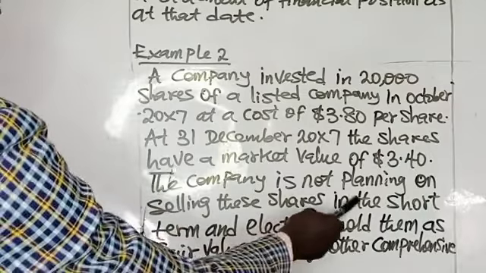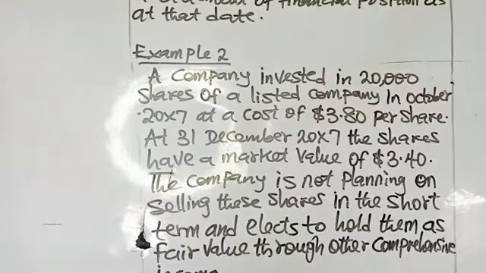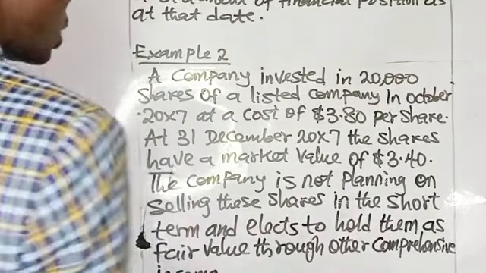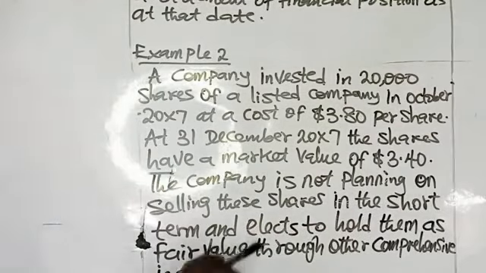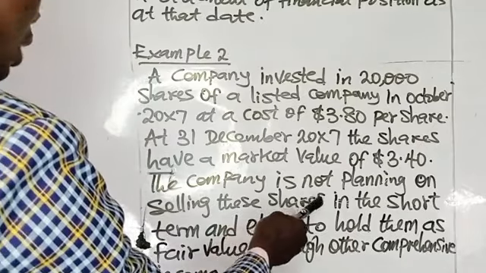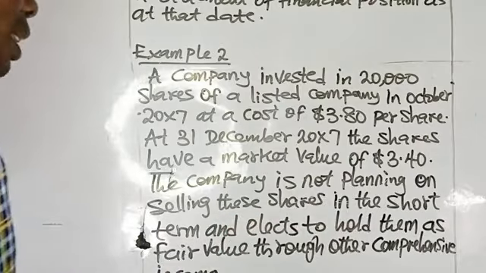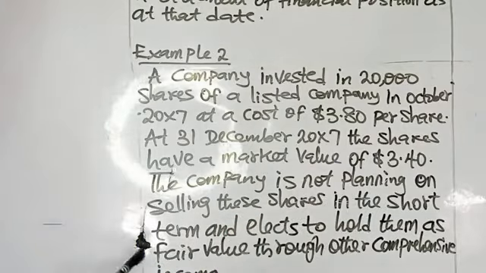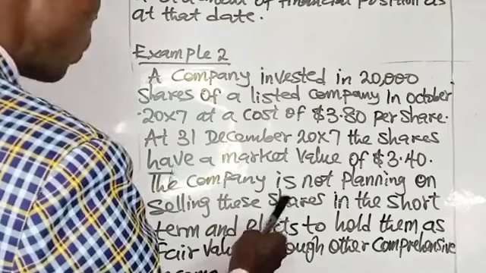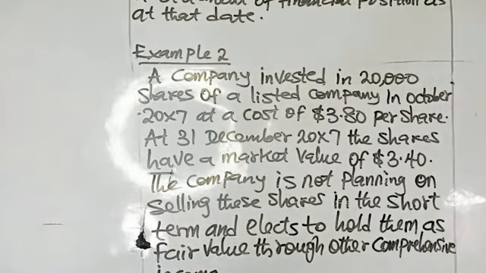Since they are not planning to sell it in the short term, that shows that this is a long-term investment. This will never be recognized as a current asset. And the fair value gains on such investment will never be recognized on the face of profit or loss, but should be recognized as OCI, other comprehensive income.